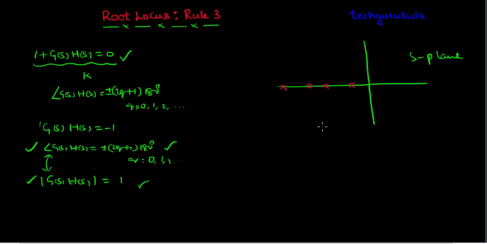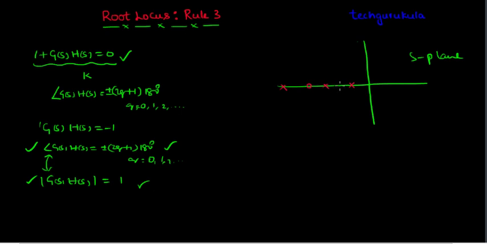Now rule number 3 says, if you have a point on the real axis and that point is present on the root locus, then the number of poles and zeros to the right side of that point should be odd, right?